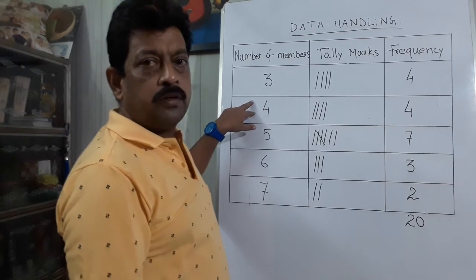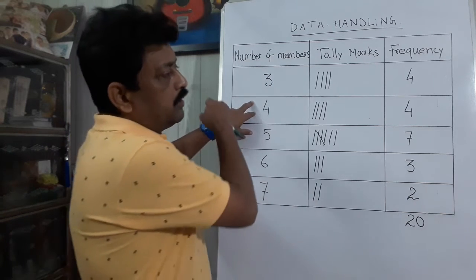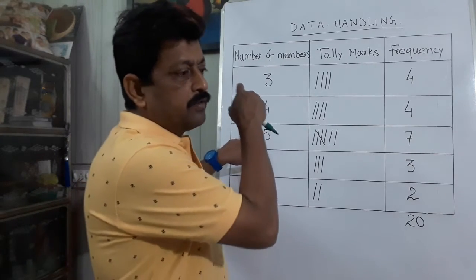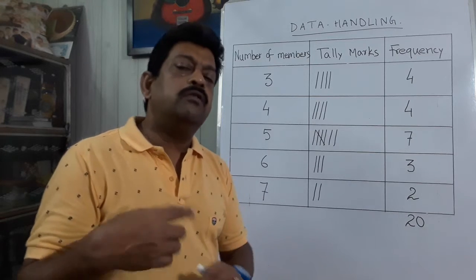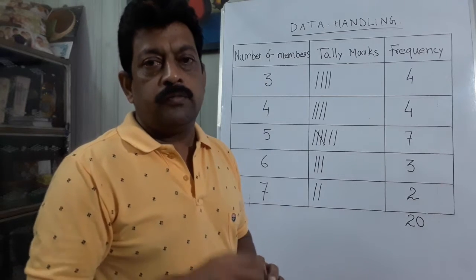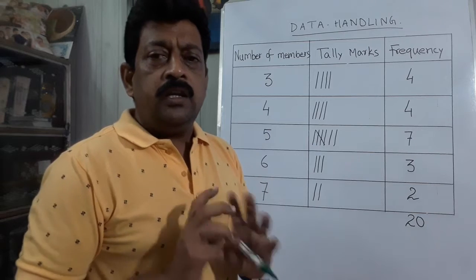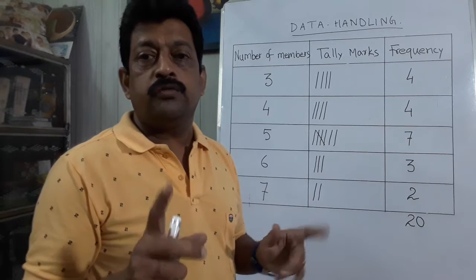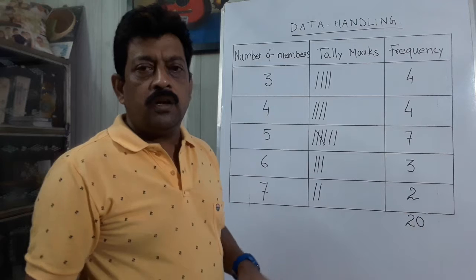Similarly, when you are finding 4 members, again you are starting from the first to the last observation. When you are finding 5, again you are starting from the first observation to the last. So every time you are starting from the first and going to the last. In that case, you may miss an observation. So if you miss any observation, you cannot find it, because so many observations are there, you cannot remember which one you have counted and which one you have missed. In that case, you have to erase everything and do it again.